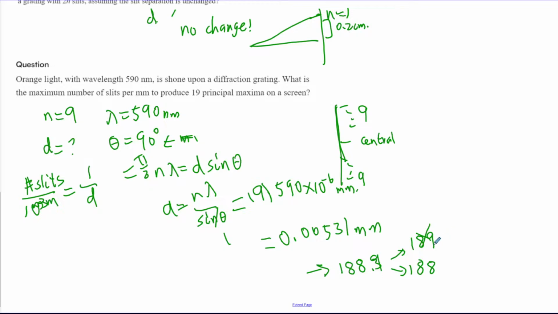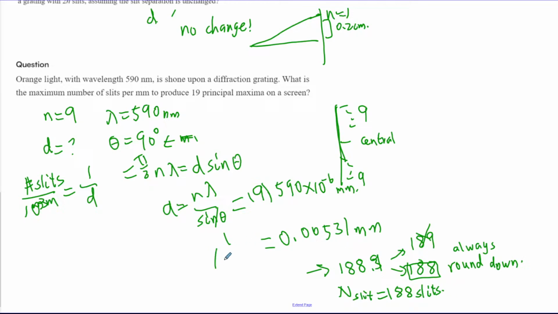If it's bigger, the diffraction becomes wider, which means you can no longer fit 19 inside 90 degrees. So you always round down, always, because it's the maximum number and you cannot go beyond that. So it should be 188 slits.